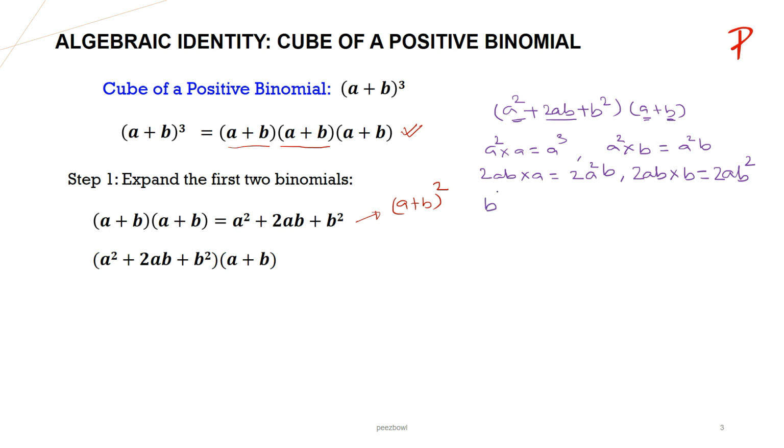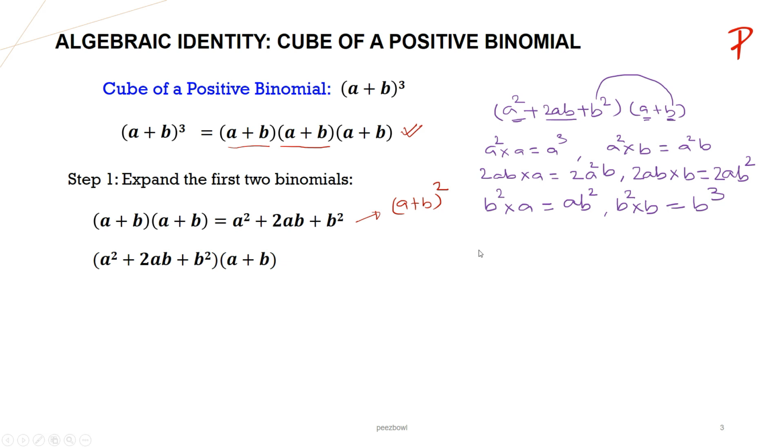Then we have to multiply b square with a, that is b square a or ab square. Let us write a at first. Then b square multiplied by b is equal to b cube. Now we have to combine all these terms.